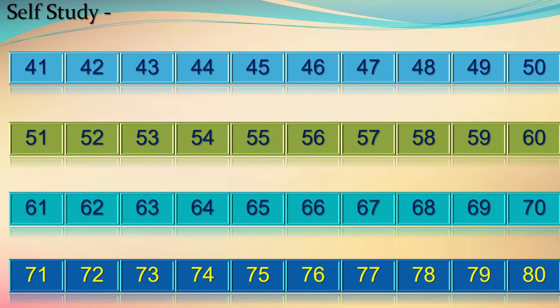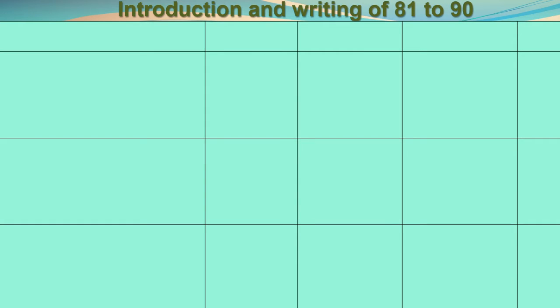So let us move to the introduction and writing of 81 to 90. You know the process. First we are going to make a table, isn't it? Now we will take any objects. How much do we have to take? We have to take 8 tens, right? 8 bundles. We'll see here.